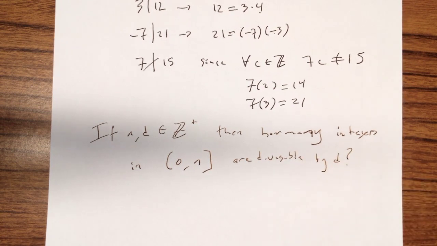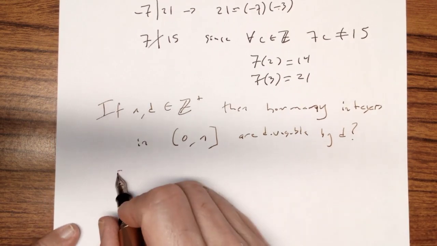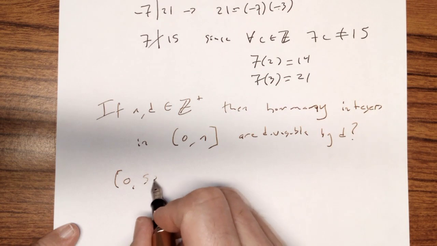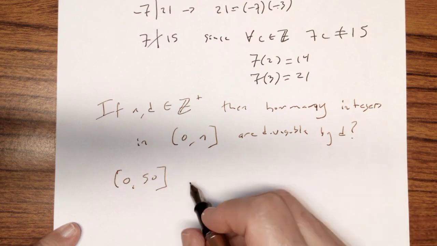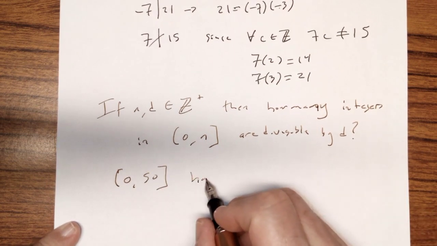It seems kind of weird to do this in the abstract, so let's do a concrete example. Let me go from 0 to 50 and ask how many are divisible by 8.